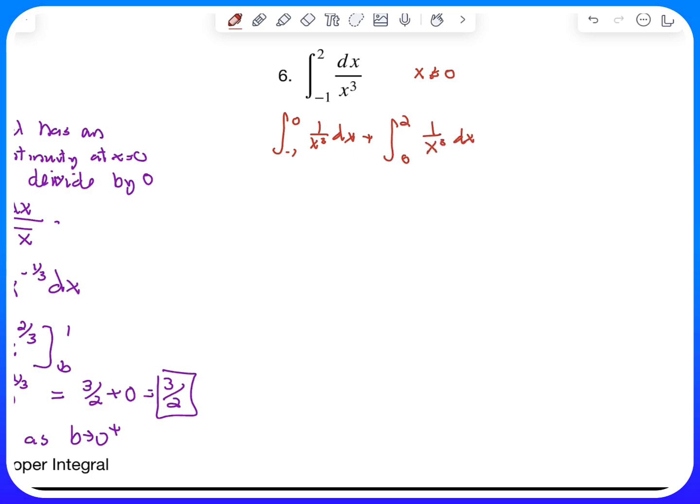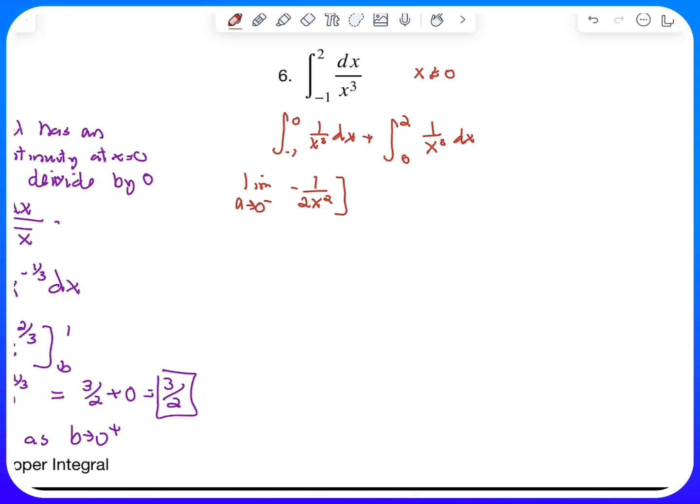So we split at that point of discontinuity, 0. Then we handle the upper bound infinite discontinuity for the first integral, rewriting it as the limit as a goes to 0 from the left-hand side of the integral from negative 1 to a of 1 over x cubed dx.